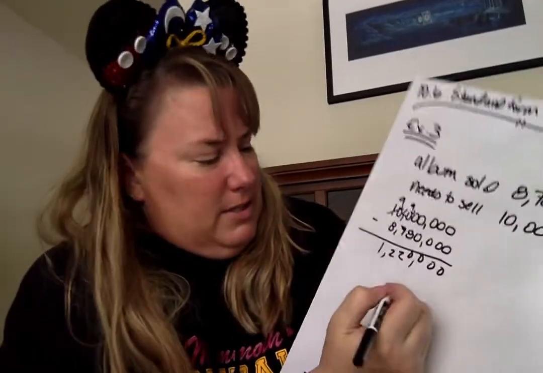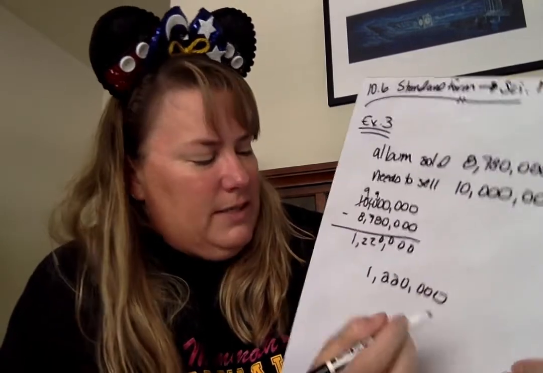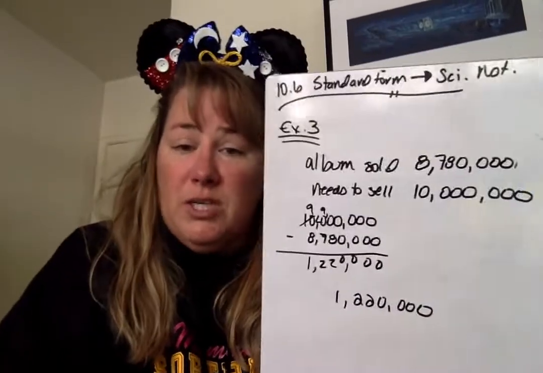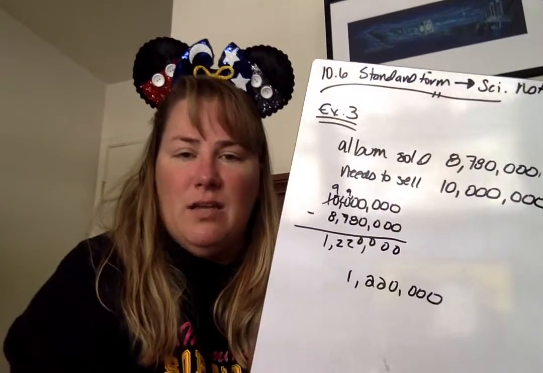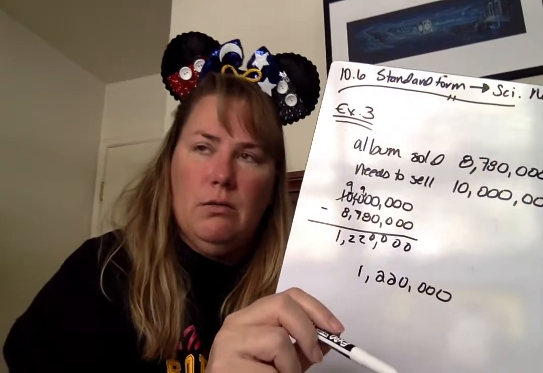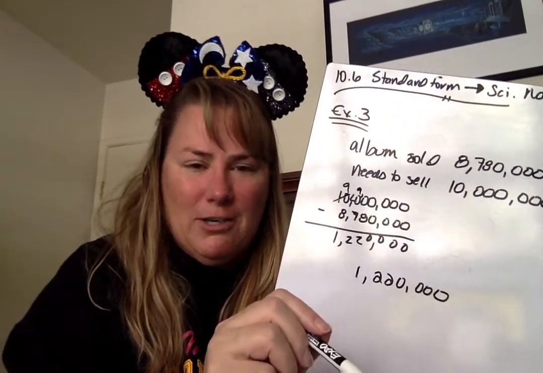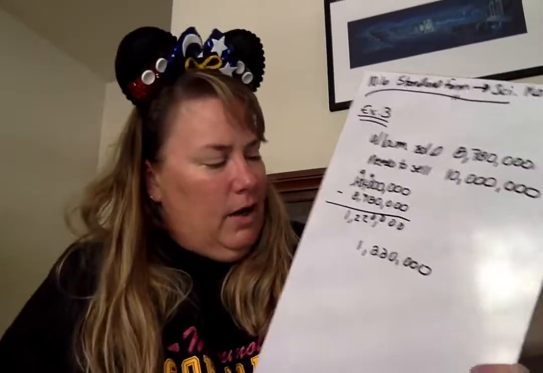I'm going to rewrite that just because it's a little messy. So 1,220,000. Write that in scientific notation, which is good because this will help us from example 1 and 2. So you're going to start at the same place. Is this number greater than 10, or is this number less than 1 and greater than or equal to 0? And hopefully you said greater than 10. All right.